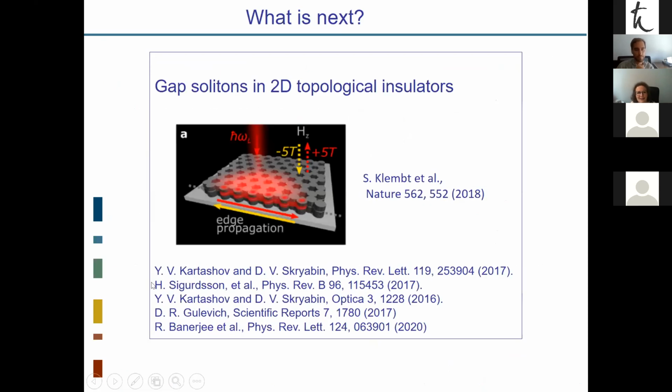So as Alexander has nicely described, there is a lot of things to do now in 2D topological insulators. So we are starting this experiment. There are available 2D lattices, so for example, graphene-like topological insulators, where we can start to play with the interplay between nonlinearity and topology.